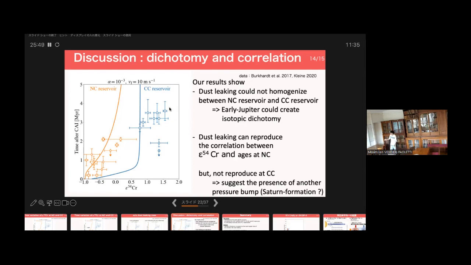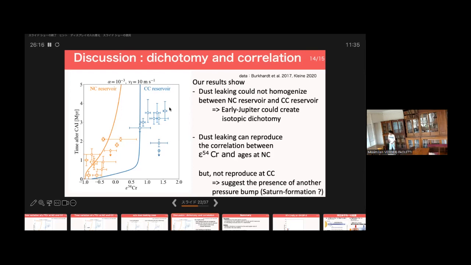So we conclude that Jupiter could create the isotopic dichotomy even if it considers dust leaking. And also our result shows that dust leaking can reproduce the correlation between chromium value and ages at the MC reservoir. But in this case, we cannot reproduce the correlation at the CC reservoir.